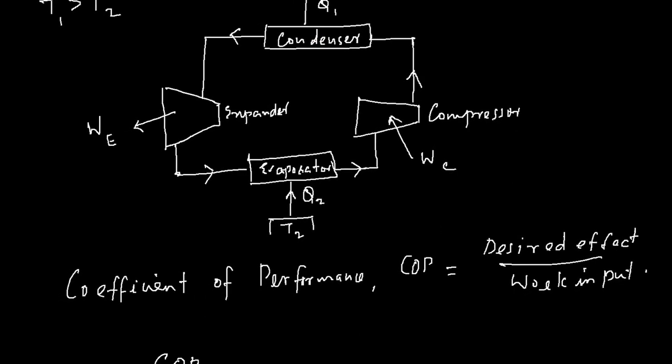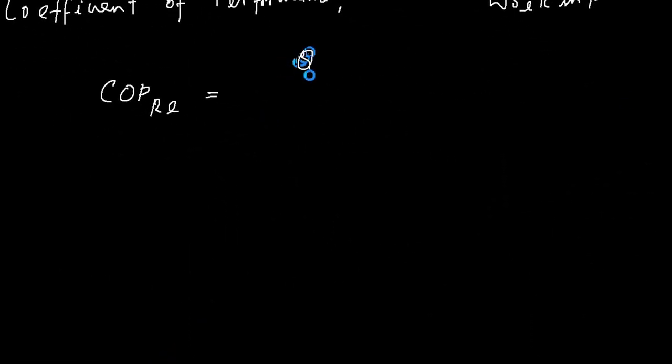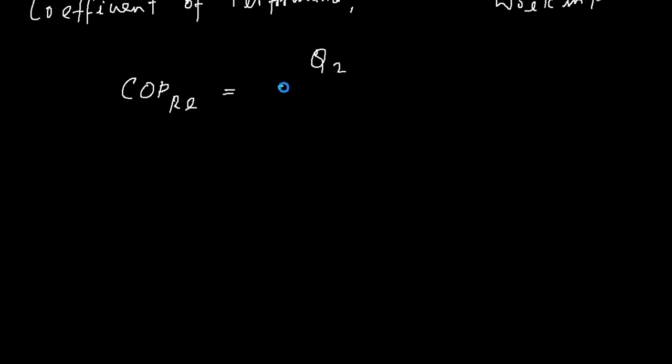So you can say Q2 is the desired effect, and WC minus WE, the compressor work minus the expander work, is the work input.